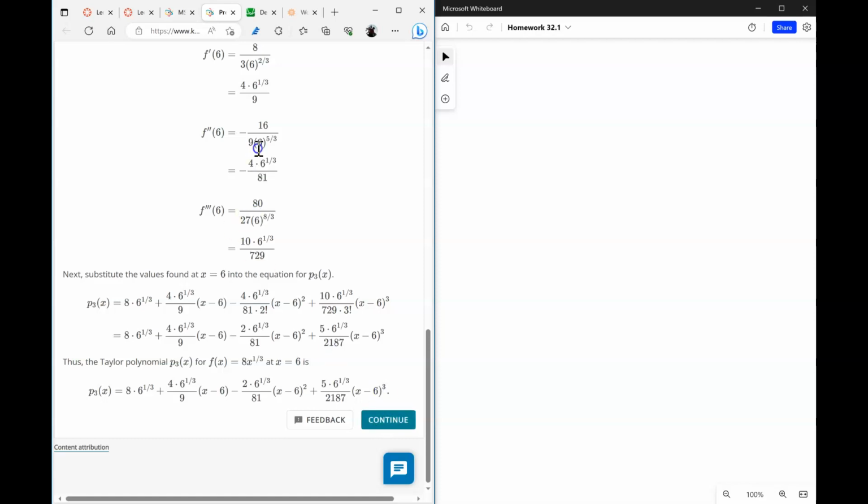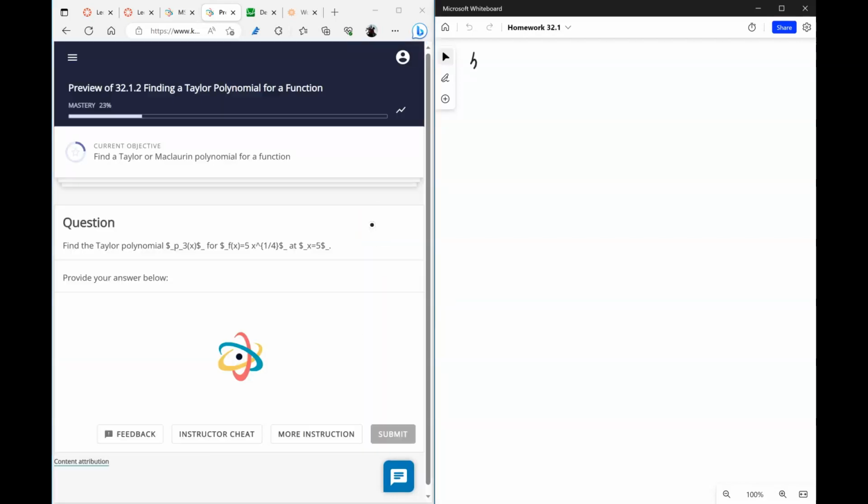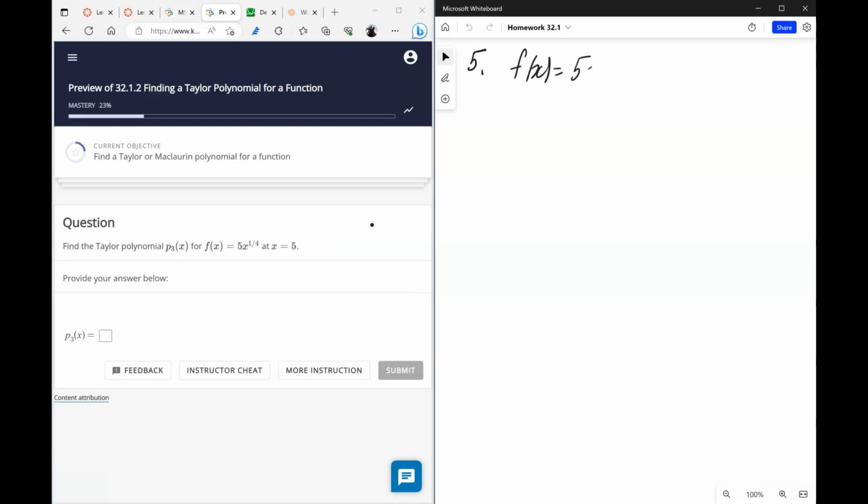Newton goes an extra mile to simplify each of these expressions, but we don't have to. Alright, so we have f of x is equal to 5x to the power 1/4 at x equals 5.